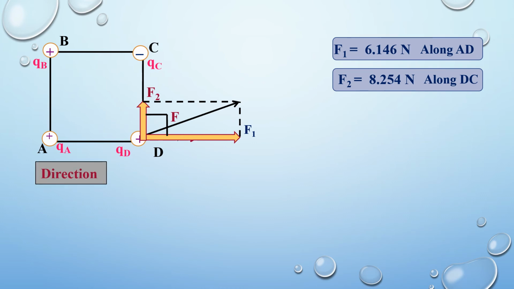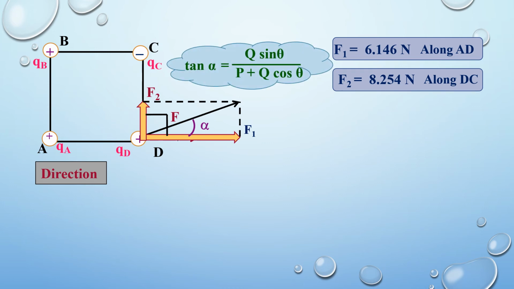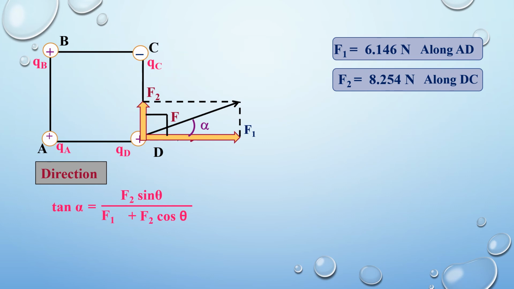Last thing I'll have to find is the direction. Now to find the direction, which I'm going to represent by alpha, let us say alpha is the angle between resultant force F and F1. Using the formula tan of alpha is equal to Q sin theta upon P plus Q cos theta, let us consider F1 to be P and F2 to be Q. So I get tan of alpha is equal to F2 sin theta upon F1 plus F2 cos theta.